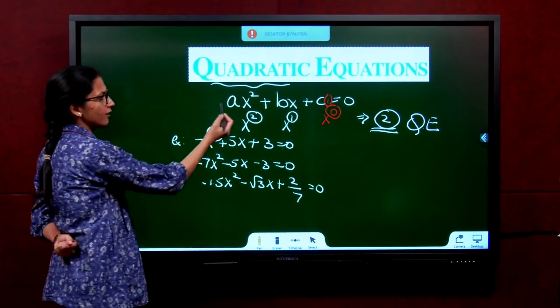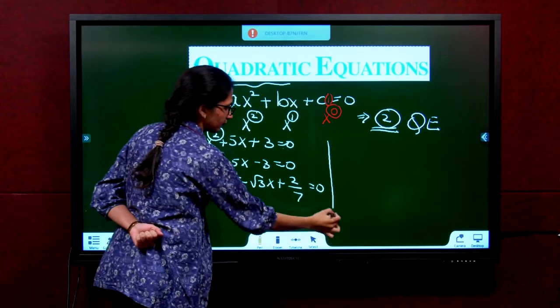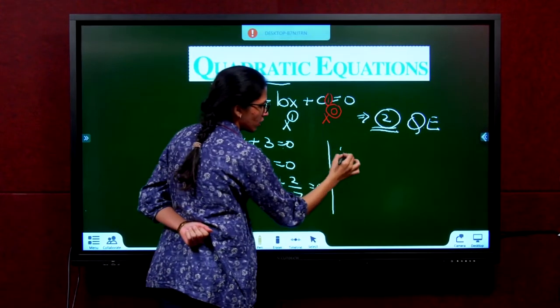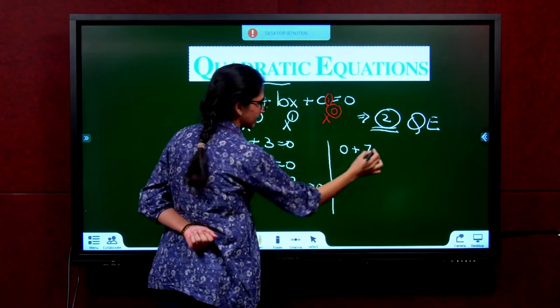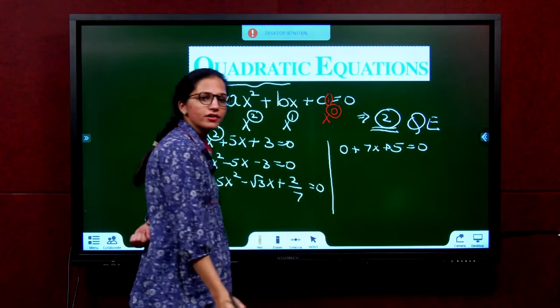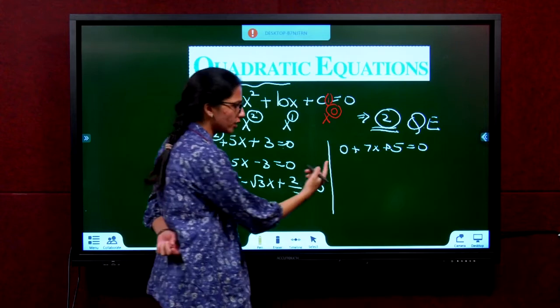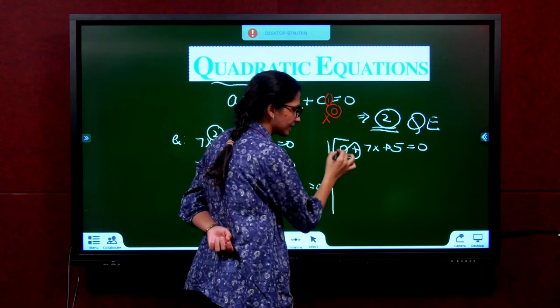Now, what if I make the first value, the a, 0? If a is 0, 0 into x square is 0 plus let's say 7x plus 5. Is this a quadratic equation? No, it's not. Why? Because this term does not exist.